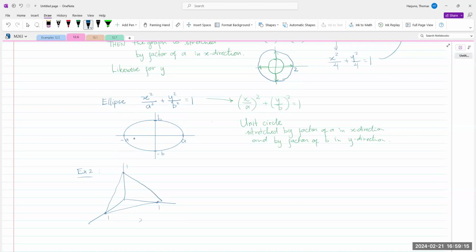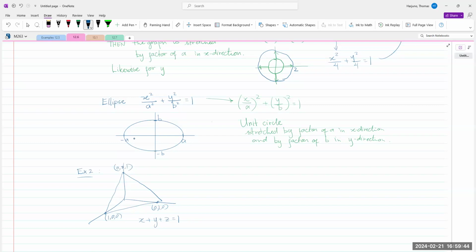The equation is x plus y plus z equals 1. Notice that this is a plane, right? The x, y, and z intercepts are all 1: 1, 0, 0 for the x-intercept, 0, 1, 0 for the y-intercept, and 0, 0, 1 for the z-intercept.